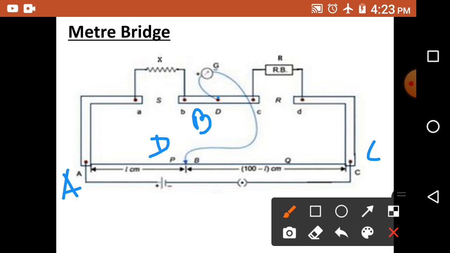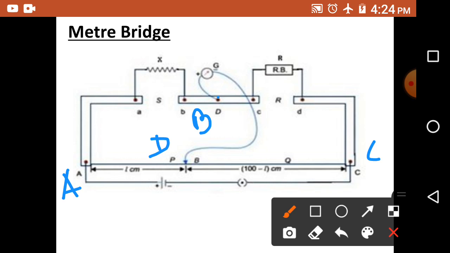In the Wheatstone network, we adjust the value of R4 so that no current flows to the galvanometer, that is, points B and D are equipotential points. Similarly, over here, we are going to determine the position of point D on the resistance wire, which will give us zero deflection in the galvanometer.